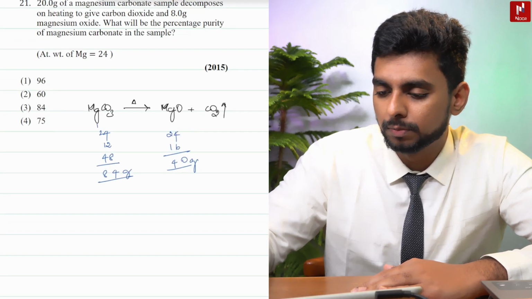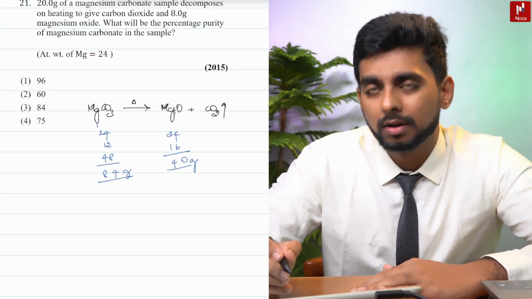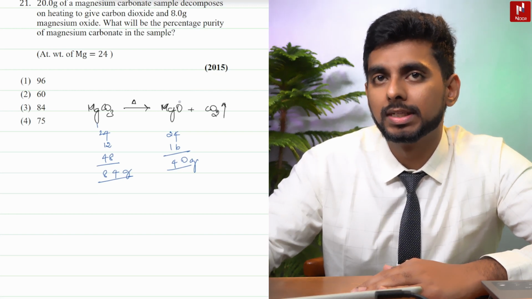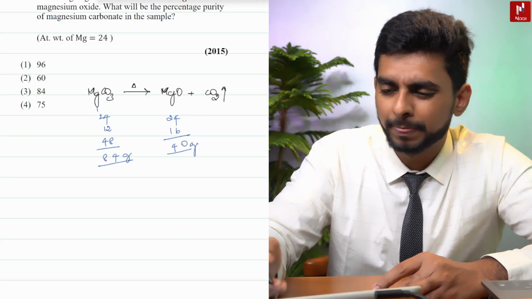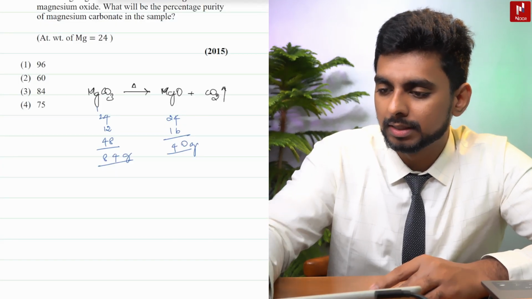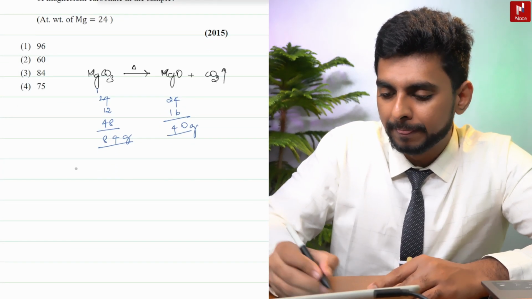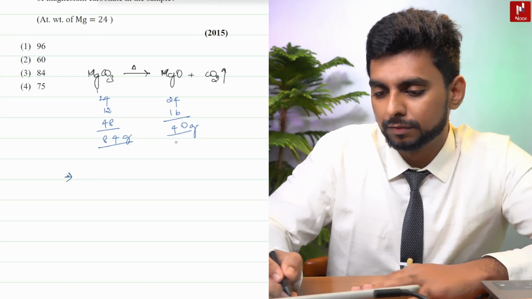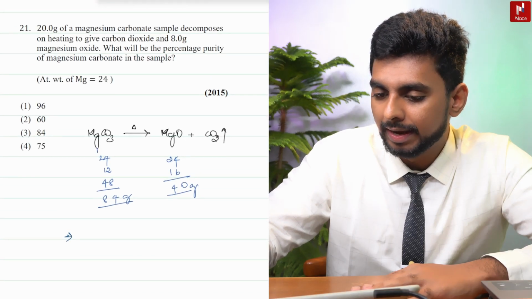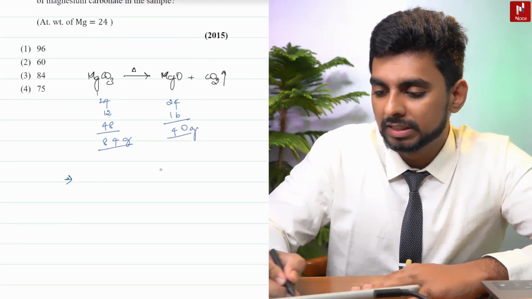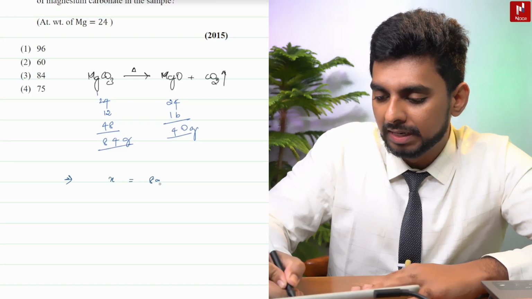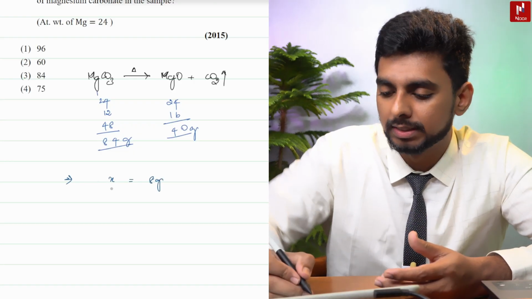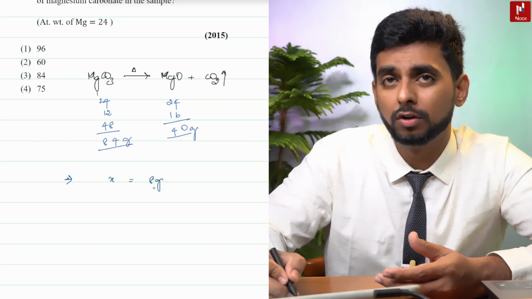What I need to get is, to produce 8 gram of magnesium oxide, how much pure magnesium carbonate is needed. That's what I need to get, right? In one more extra step, I'll get the answer. So 40 gram to get this 8 gram, isn't it? To get the 8 gram of magnesium oxide, how much pure magnesium carbonate is needed? That's going to be X, which should give me 8 gram.